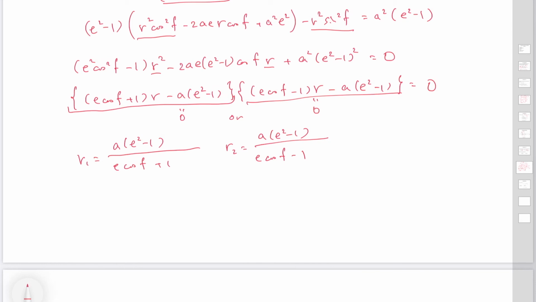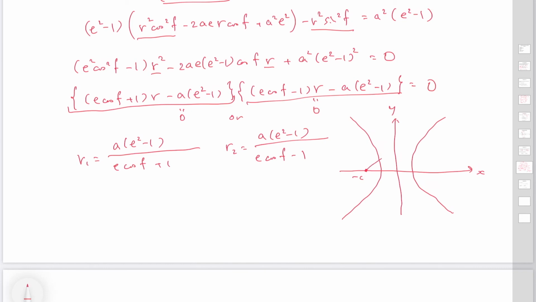So there are two possibilities for r. So what happens to r? If you draw the hyperbola, this is the hyperbolic orbit. Then this point is minus c. We choose this as the origin if you consider polar coordinates.